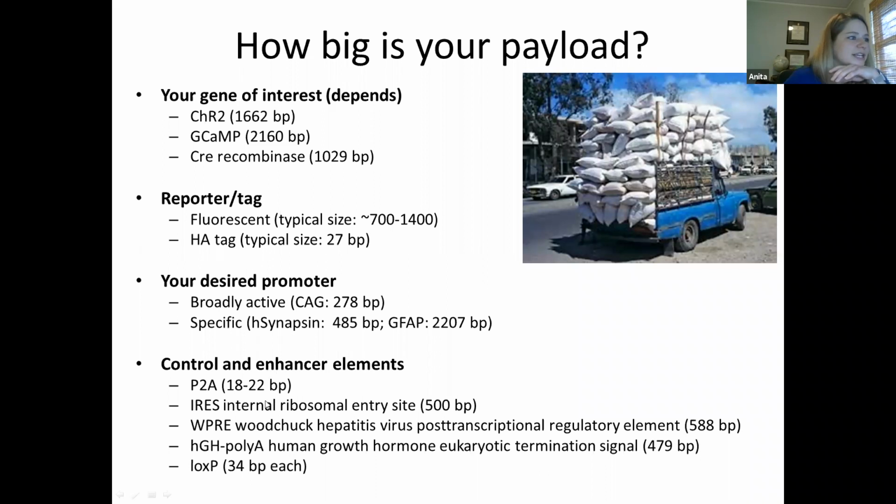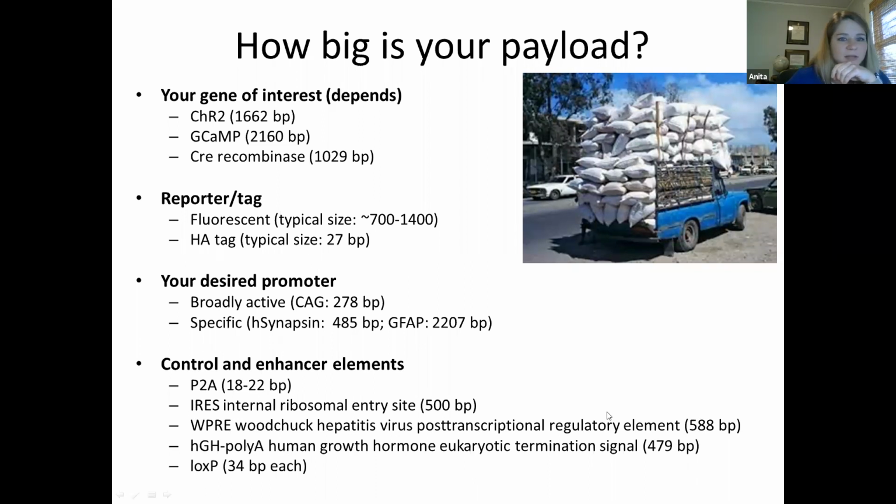And then you guys have talked a little bit about control and enhancer elements, but again, these are going to take up space. The cleavage site, P2A, IRES signal, WPRE, that enhances post-transcriptional expression.